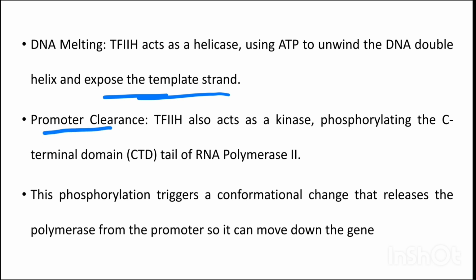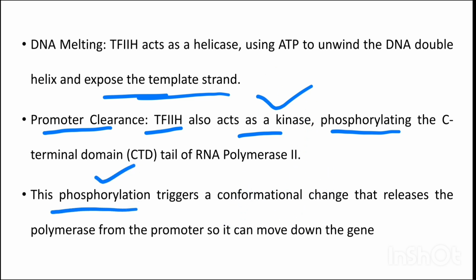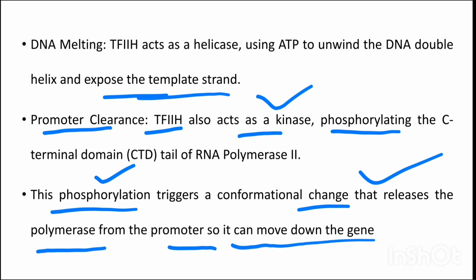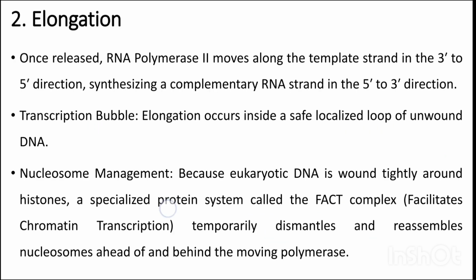Then promoter clearance: TFIIH also acts as a kinase, which helps in the phosphorylation of the C-terminal domain tail of RNA polymerase 2. This phosphorylation triggers a conformational change that releases the polymerase from the promoter so it can move down the gene. So this is how the initiation process takes place during transcription.